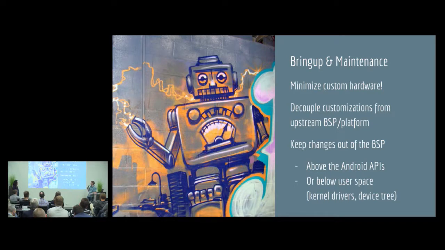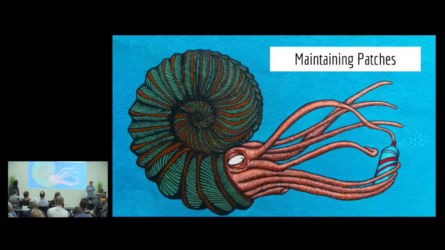If that's not possible, try to push them below the BSP into kernel drivers or into the device tree in the kernel, because that also avoids having patches in the BSP itself. But you will typically have patches, and how you maintain those patches becomes really important for how achievable it is to maintain your project long term.